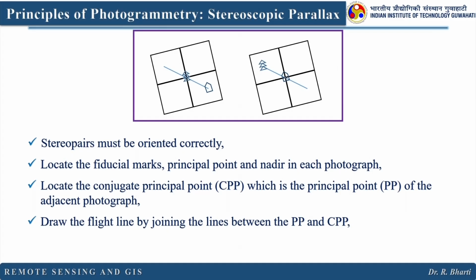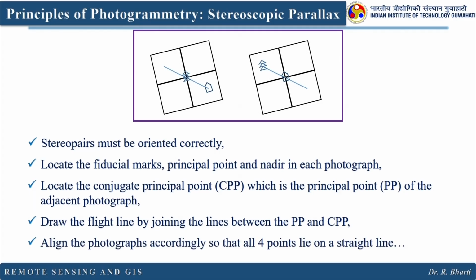So, PP is your principal point, CPP is your conjugate principal point. Align the photographs accordingly so that all the 4 points lie on a straight line.